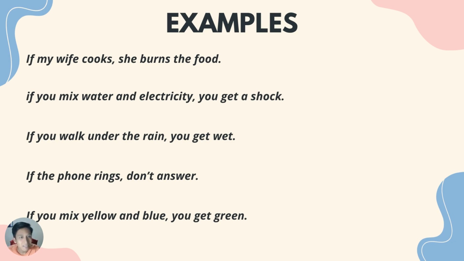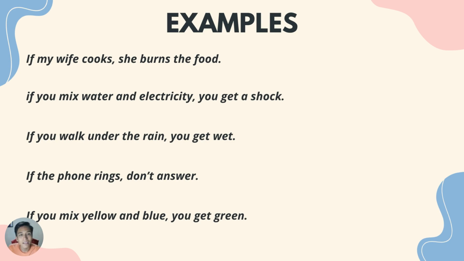The first sentence is, if my wife cooks, she burns the food. Here we can see the two clauses: the if clause, which is actually beginning with if, and the main clause.